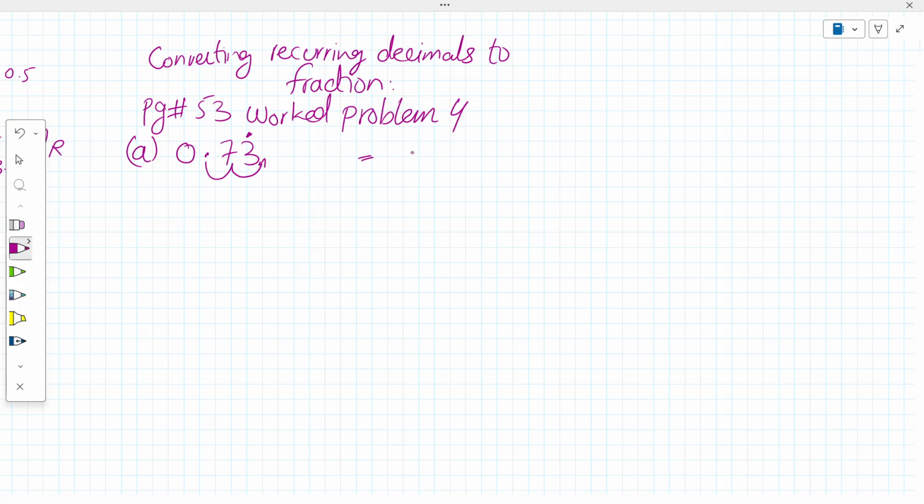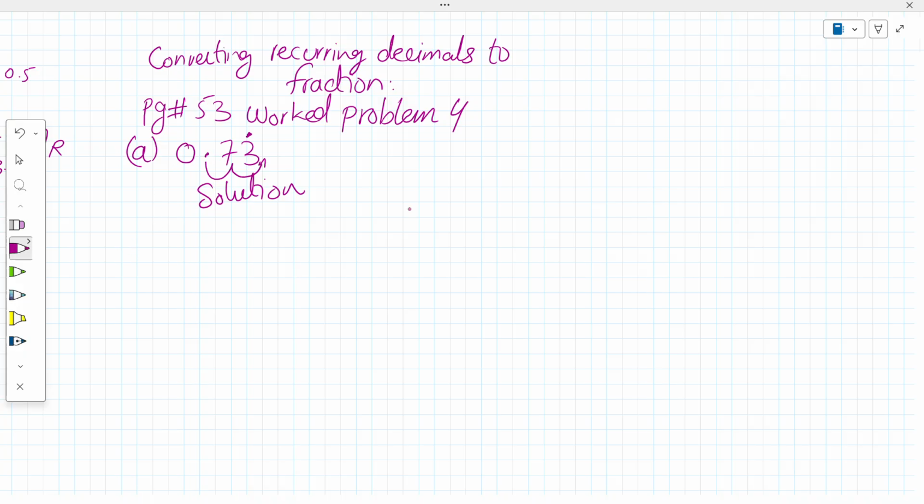So it should be like 73.3. Now after the 3, it is obvious that 3 is a recurring number, so it will keep repeating. For that we are using some methods, some procedures, some working. So we will start the solution here.